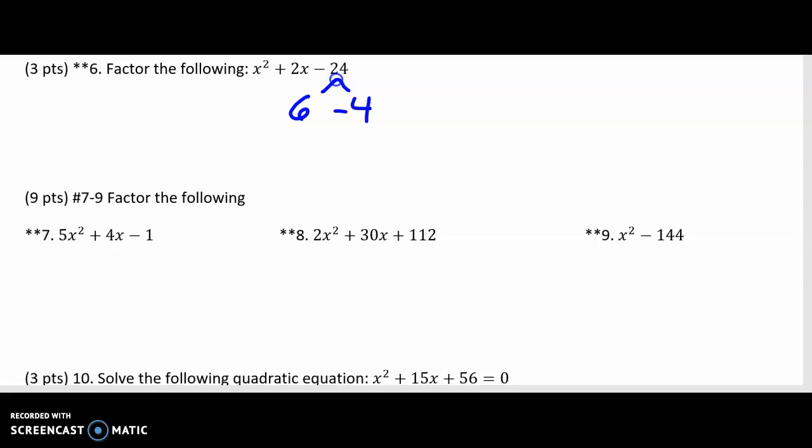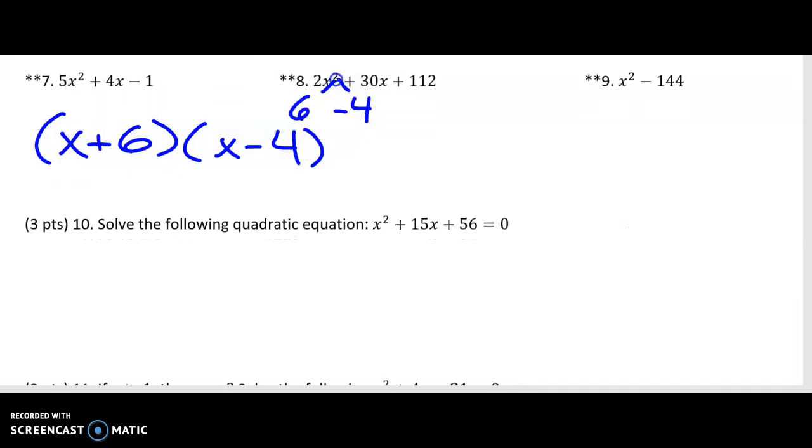Because A is 1, I can go straight to my answer. Remember, the order does not matter, so you can say x minus 4 then x plus 6, or how it's written there. This is a multiple choice section, so just look at your answer choices for that.